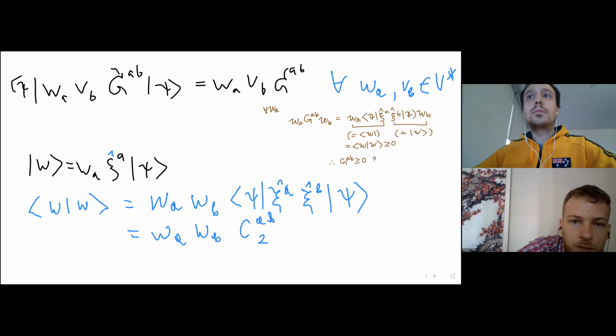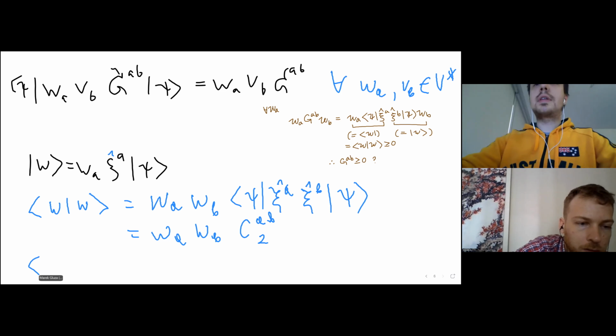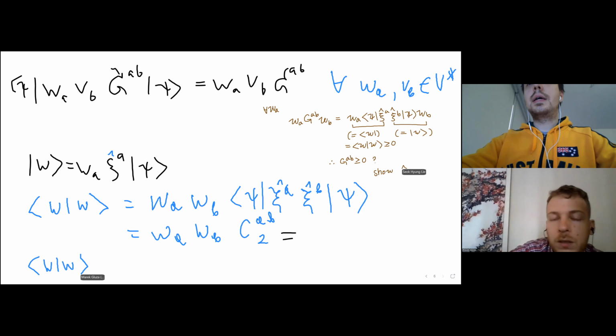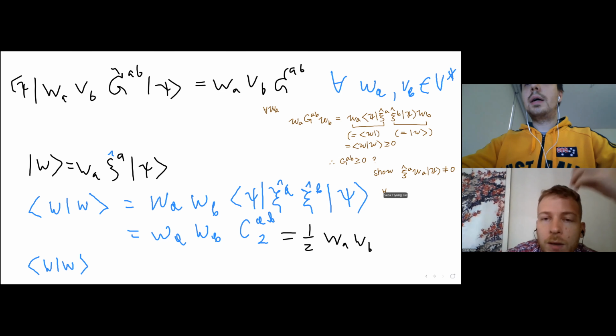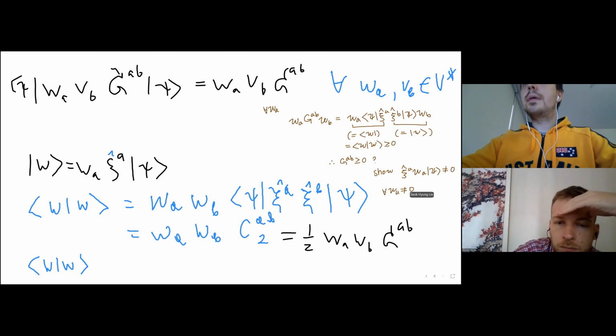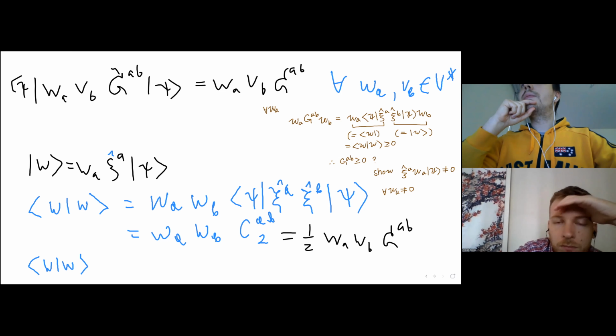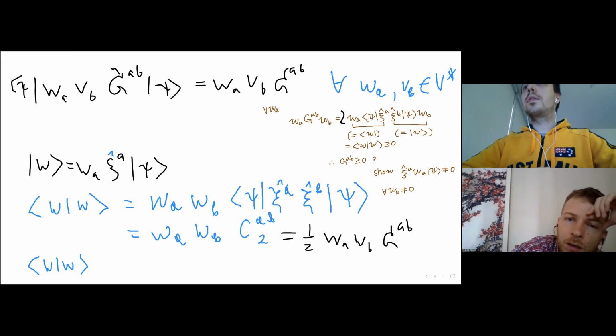Wait, let me write this down. So at this stage we have the argument that this is the symmetric part, and therefore it's equal to 1/2 WA WB G_AB. And I guess that's also important that in the notation we would need to put in here a 2 if I see it correctly.